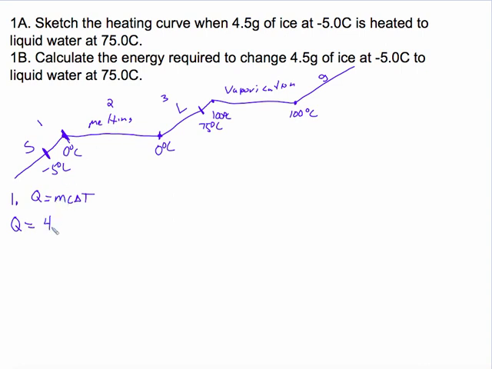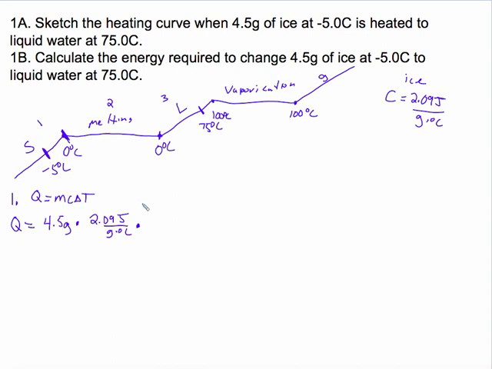So the mass is 4.5 grams, times the specific heat of ice. Now, the specific heat of ice is different from liquid water. The specific heat that we're using for ice is 2.09 joules per gram degrees Celsius.